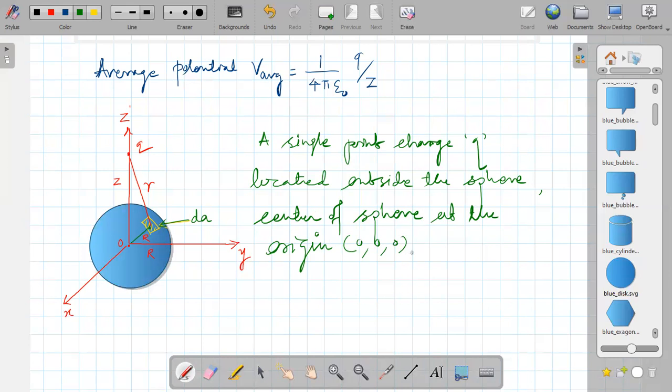Origin means the intersection of the x-axis, y-axis, and z-axis. And in this case, q lies on the z-axis.